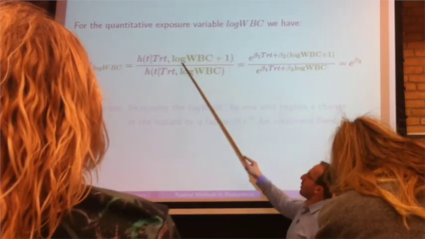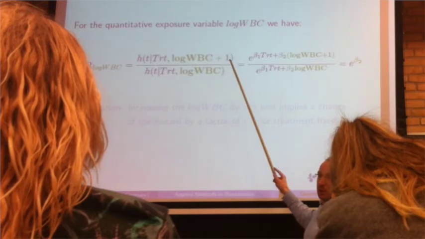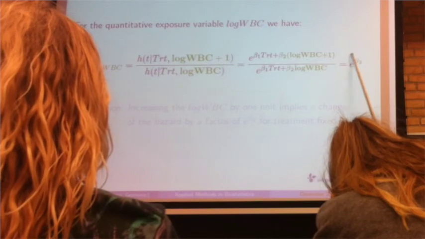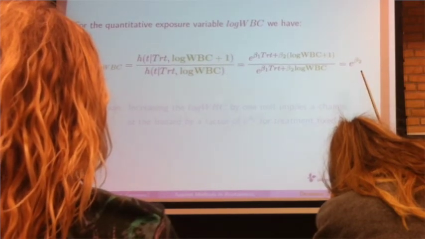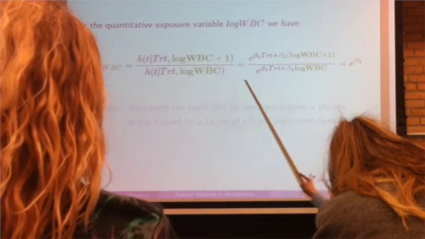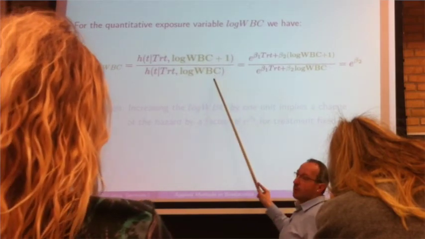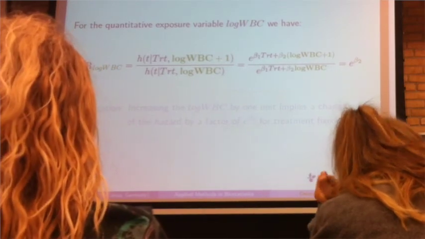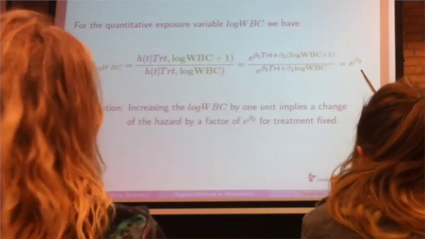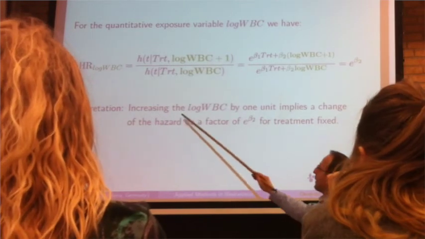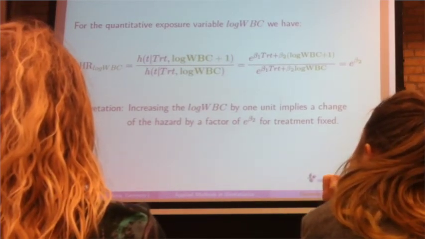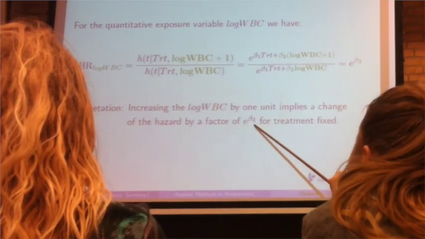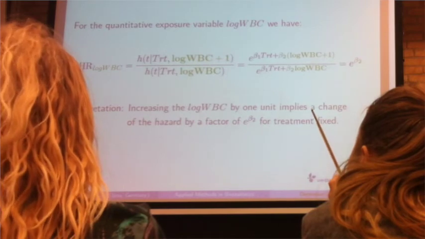So increasing the logarithm of white blood count cells by 1 unit means that the hazard is e to the power of beta 2 times higher compared to the hazard if the logarithm of white blood count cells is not increased by 1. So the interpretation of this regression coefficient is that increasing the logarithm of white blood count cells by 1 unit implies a change of the hazard by a factor of e to the power of beta 2 for treatment fixed.